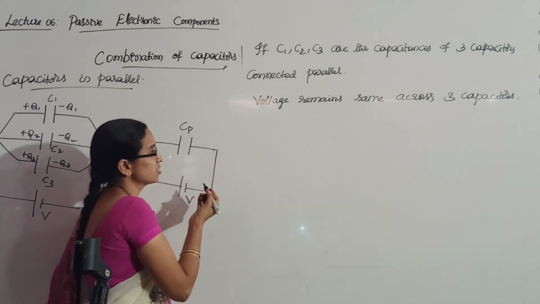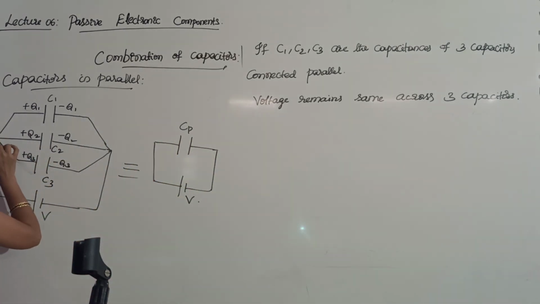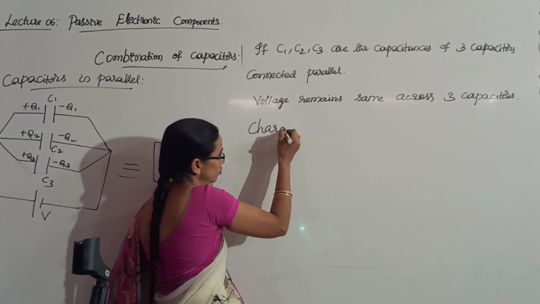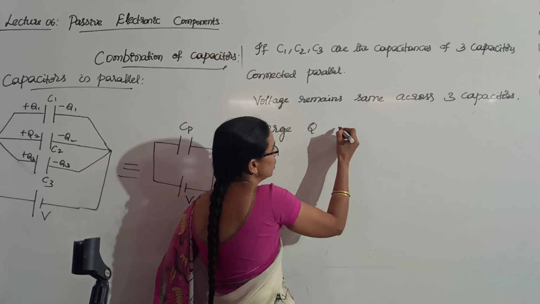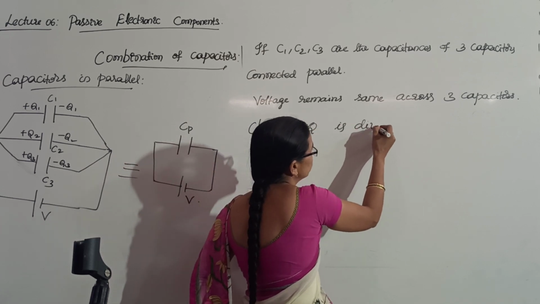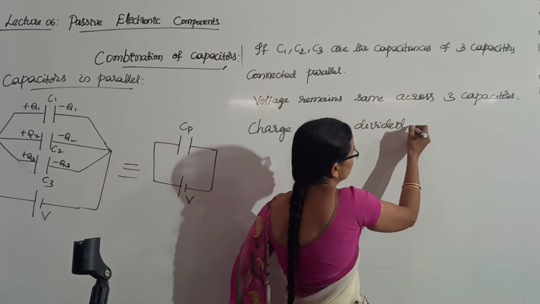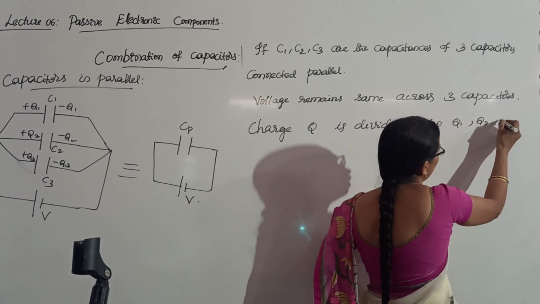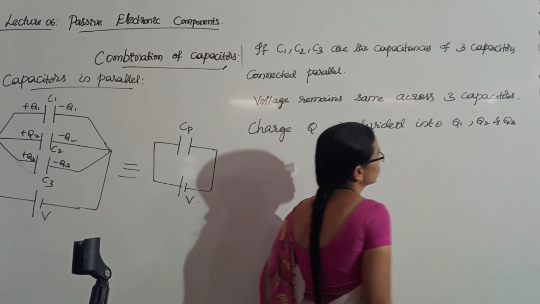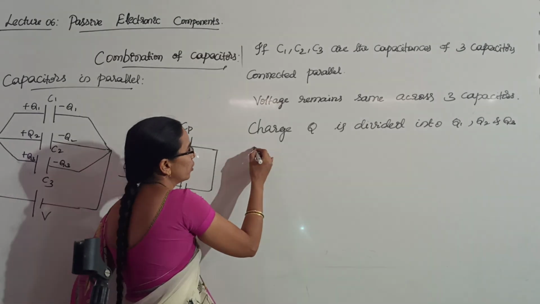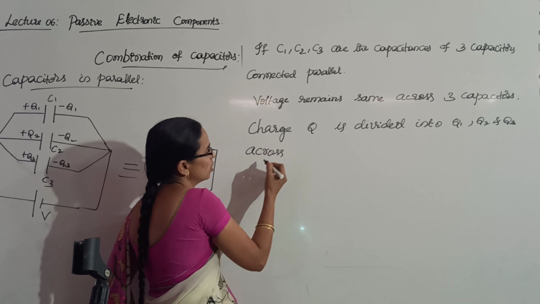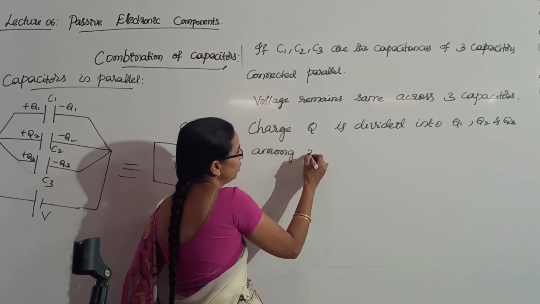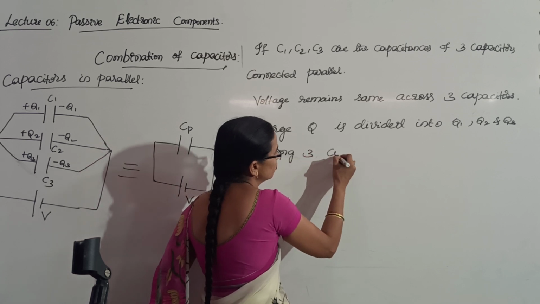And the charge Q is divided into Q1, Q2 and Q3 among the three capacitors.